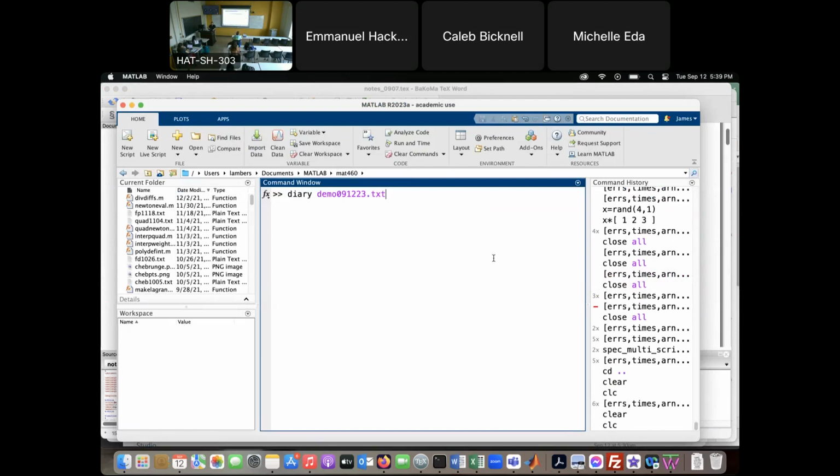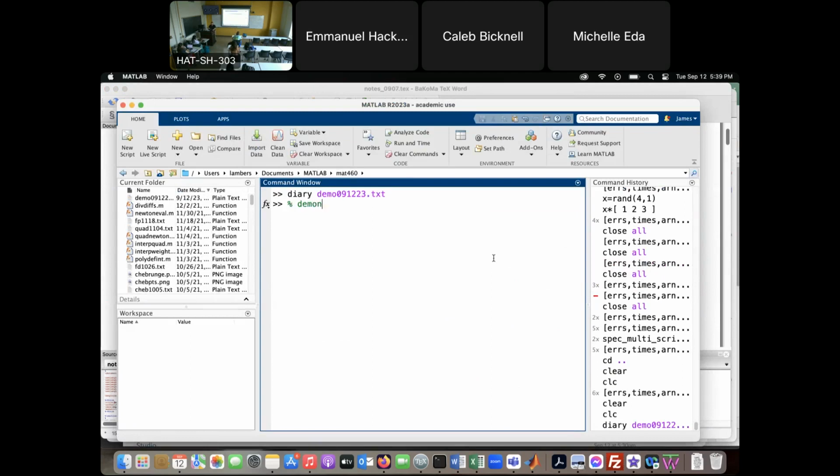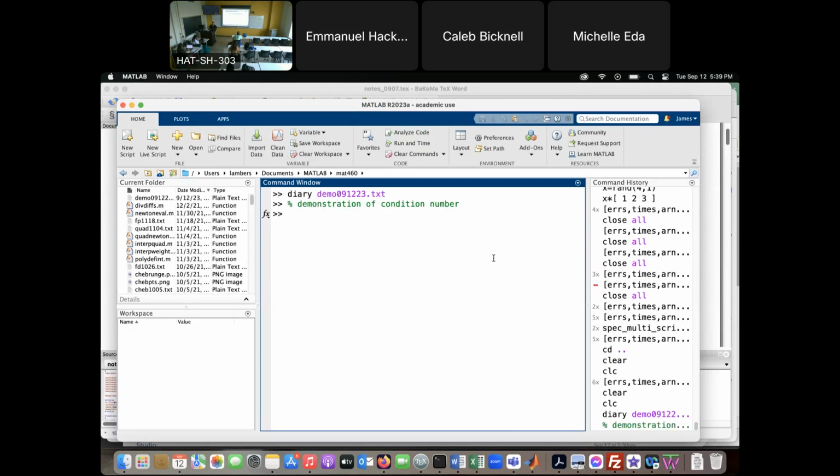This is going to be a demonstration of one of the concepts we covered last time, the condition number. The condition number is a ratio of forward error to backward error. So it's a measure of how error in the input is amplified to cause error in the output. What if you change the input by a little bit? If the condition number is large, that could change the output by a lot. So something you need to be careful about.